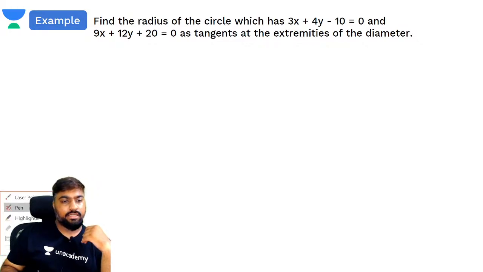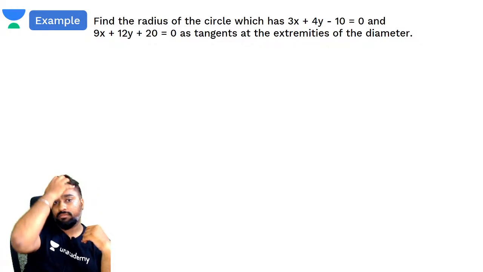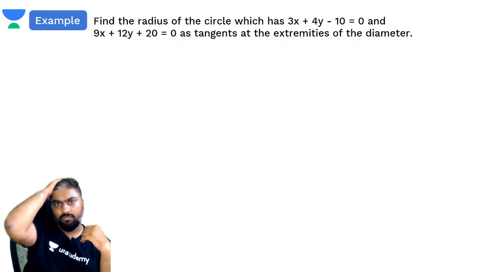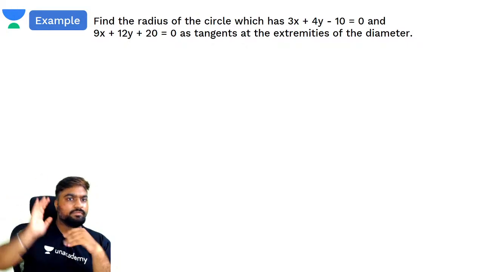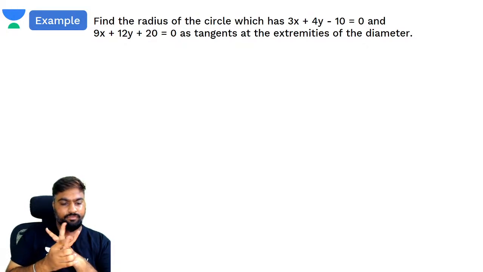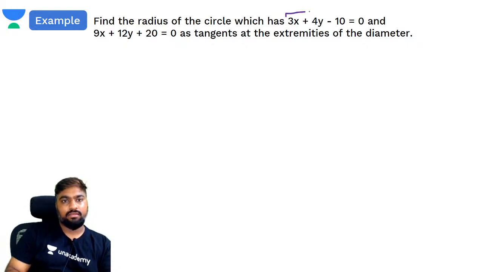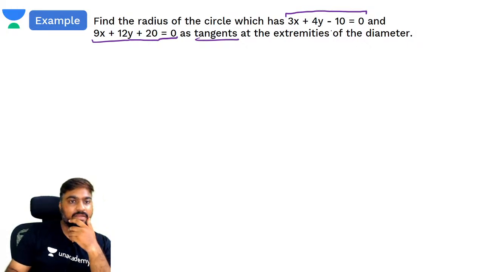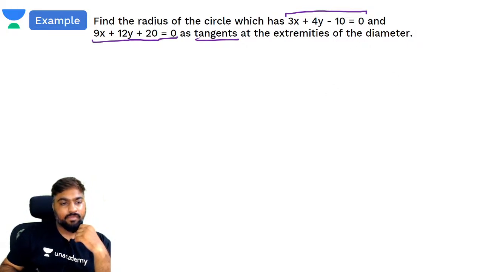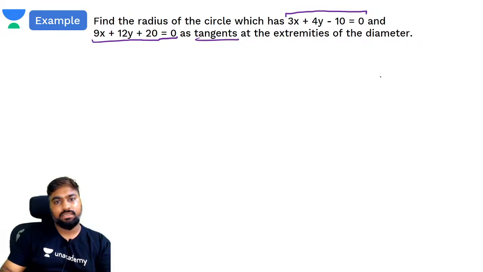So read this question carefully and then try and answer. These are tangents. You need to find the radius. This line and this line are tangents to the given circle at the extremities of the diameter. It's understood. मतलब circle है, समझा देता हूँ एक बार. There's a circle.